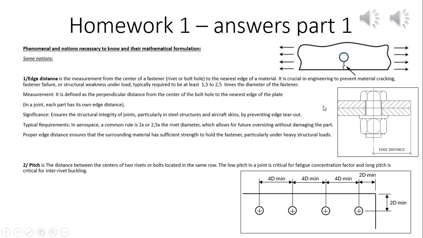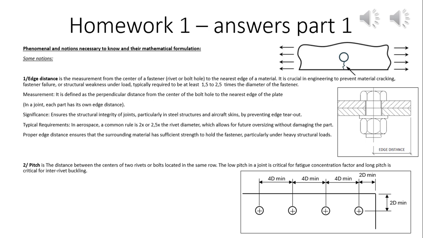At the right hand, you can see the edge distance, and just above the edge distance definition, you can see why it's crucial for engineering to prevent material cracking. So the notion of edge distance is important.